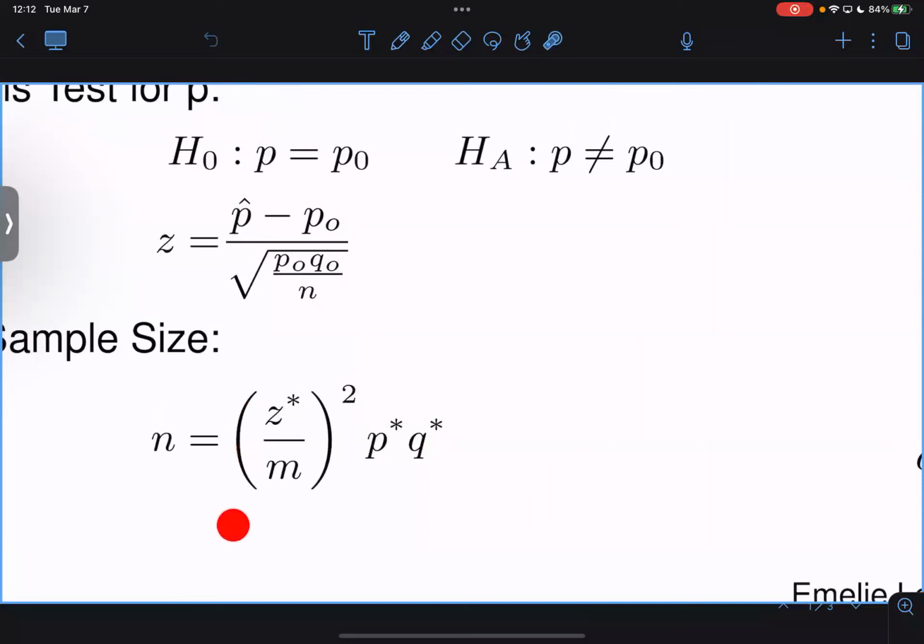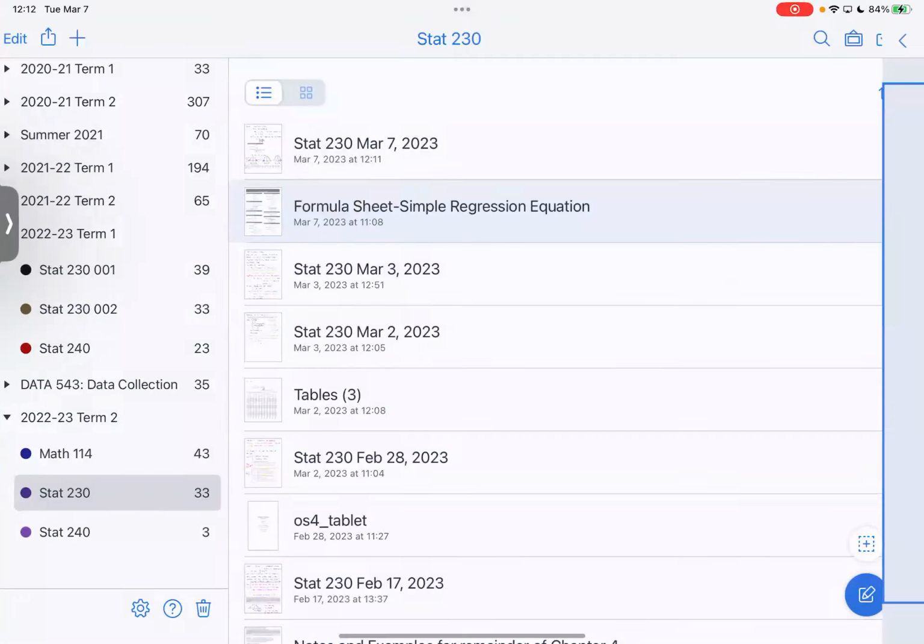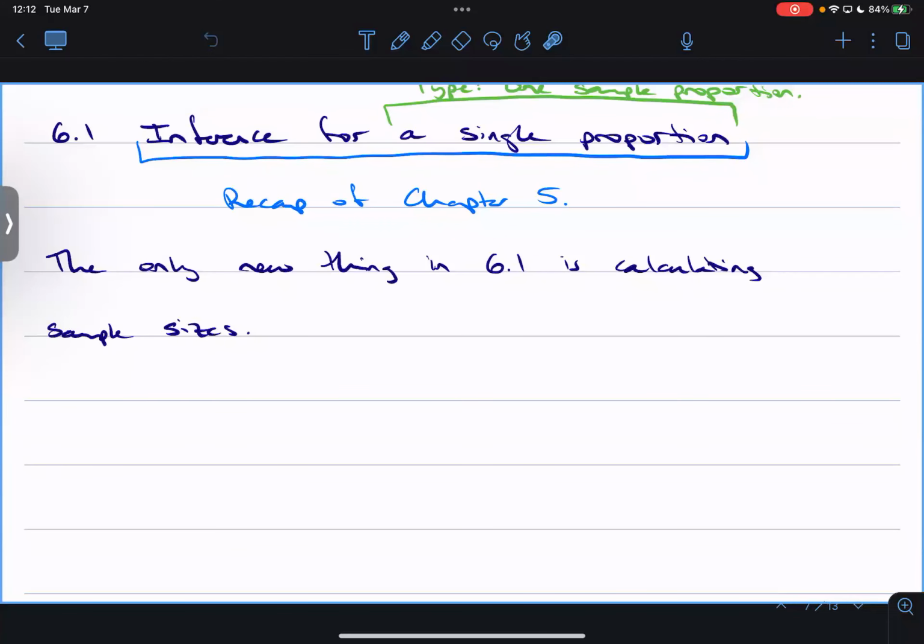You'll have it there, but we're going to build it up and get there naturally.